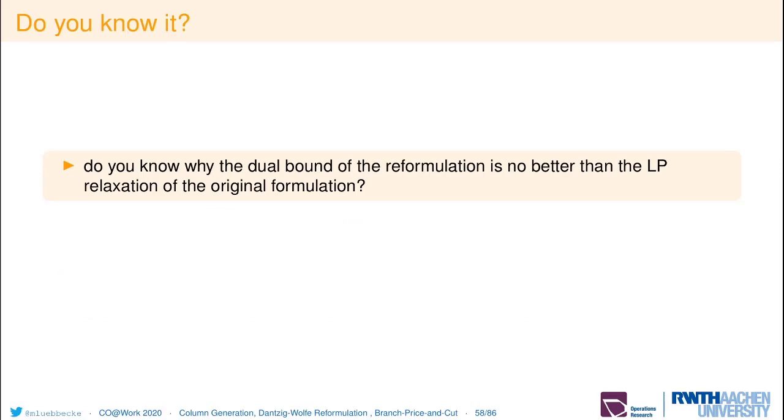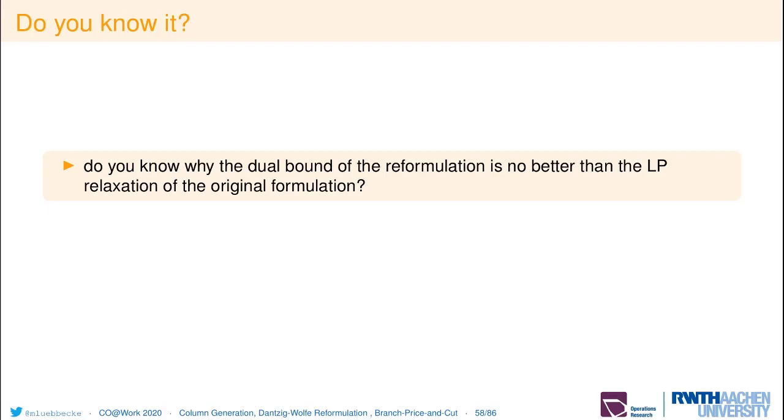So do you know why we have this reformulation and we get a dual bound from the reformulation, and it's no better than the LP relaxation of the original formulation? We talked about that already. Well, because, and I've talked about that already, the polyhedron describing a flow formulation is known to be integer.